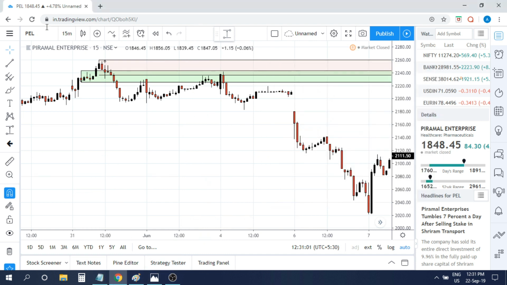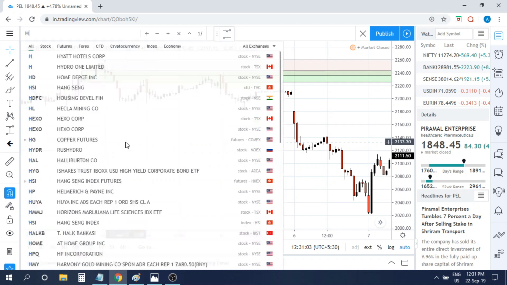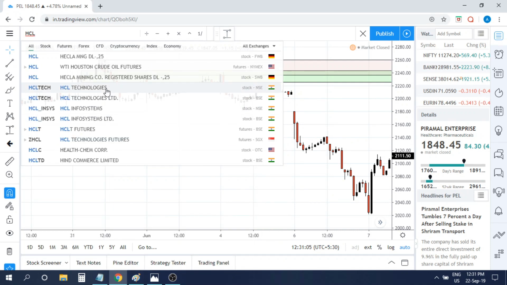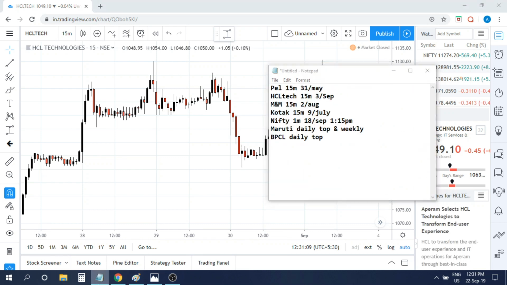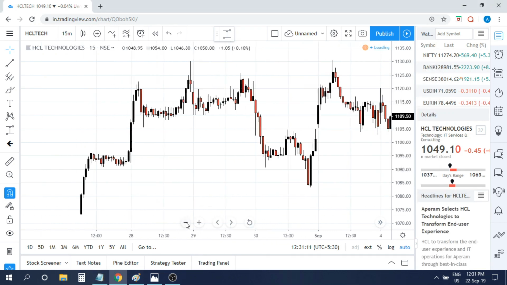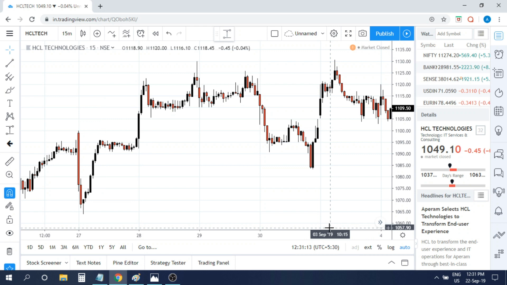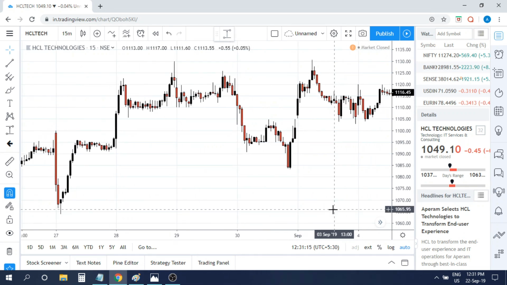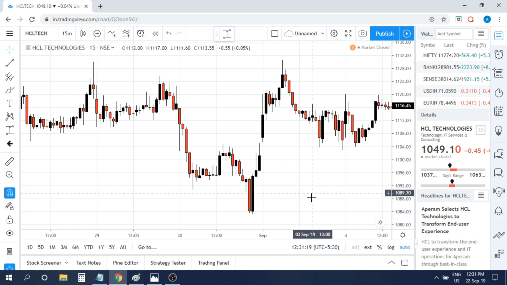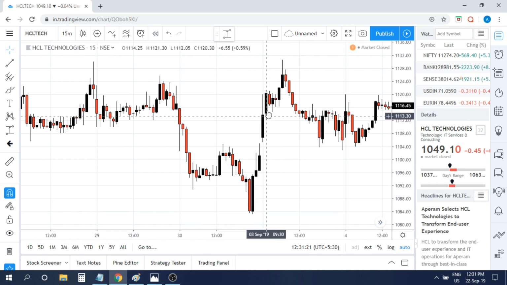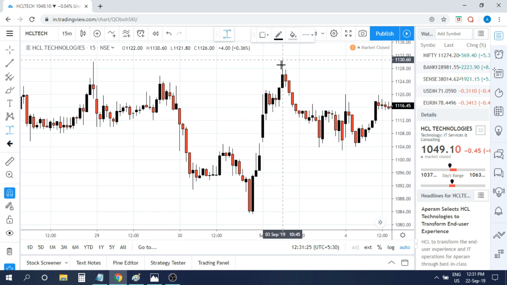Let's still take 15-minute. Yes, so September 3rd. You can see this, a strong move up. Price makes a rally, a base, and a rally.